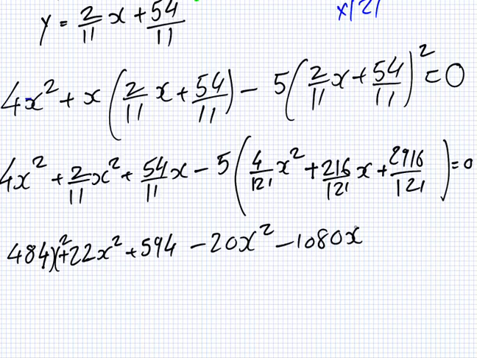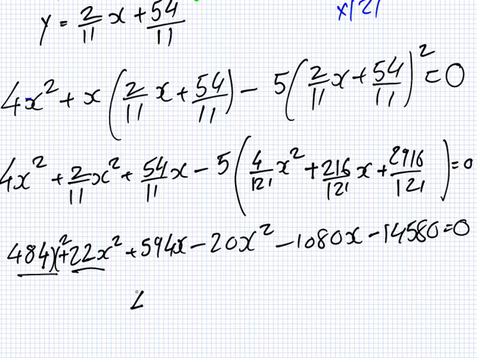Which is what? 121, yeah. So, in fact, if you wanted to cancel that 11, you would have to multiply everything by 121. The reason is, when you square this, you'll get 121. So, if you want to multiply all of these brackets by 121, you can. You don't need to, but this is the number you would need to use.